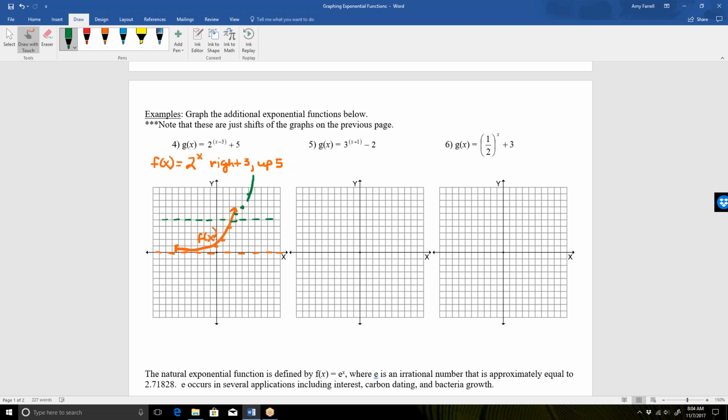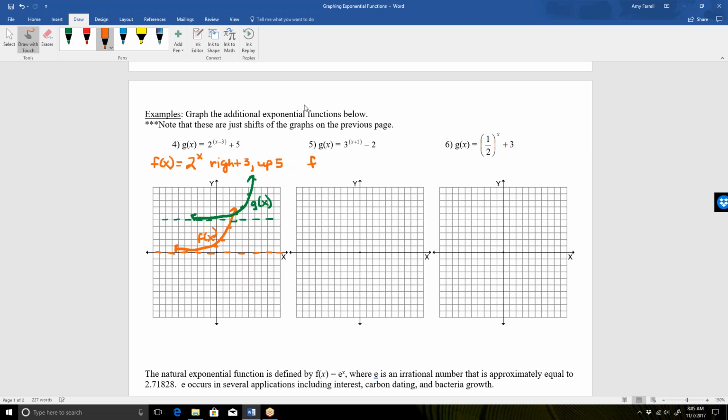All right, and then here is the graph of g of x. Notice it looks just like f of x, except it's right 3 and up 5. Over here, the second one is going to look a lot like 3 to the x, but it's going to be shifted.